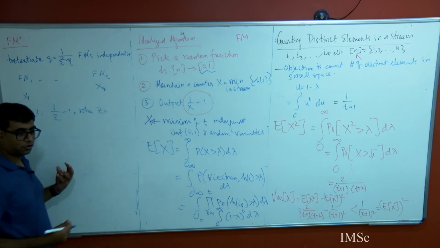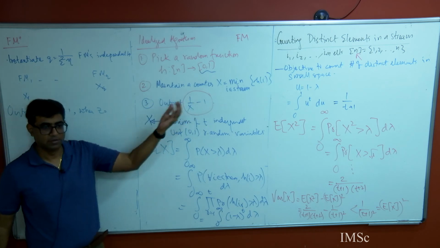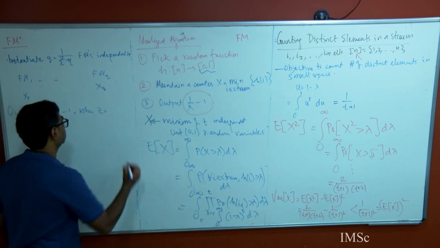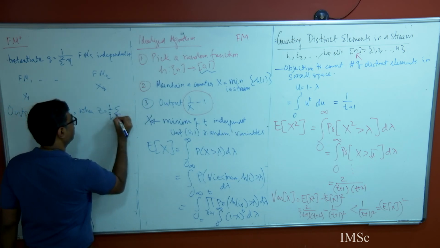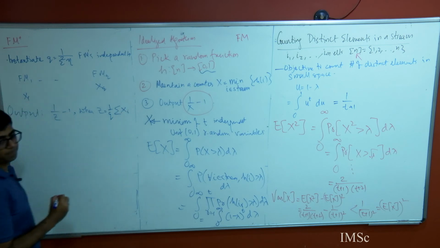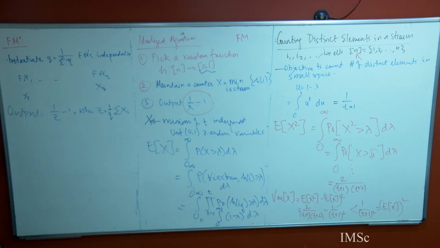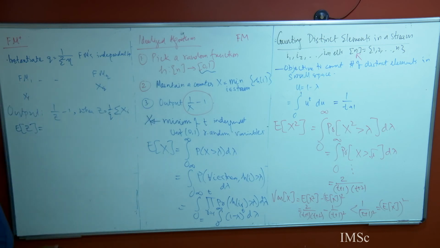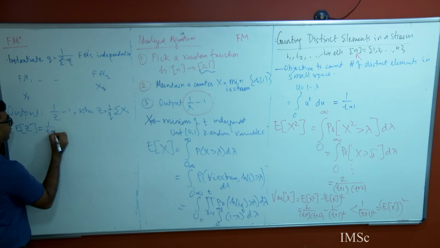It's not always the mean, you have to look at which random variable gave you what, and do this. So we are going to return z as 1 by q times the sum of the xi. Tell me, what is the expectation of z? Will it change? By linearity of expectation, this into this divided by the same number, so expectation of z is still 1 over t plus 1.